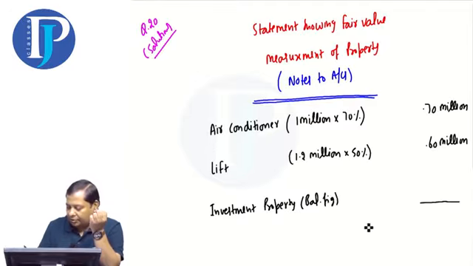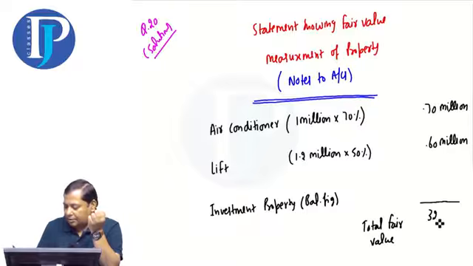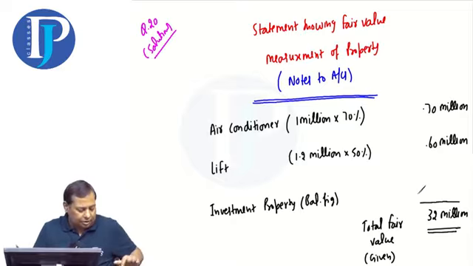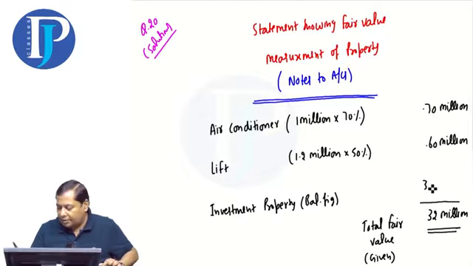Why? Because the total fair value is 32 million, and this is given. This is 32 minus 1.3. So 30.7.